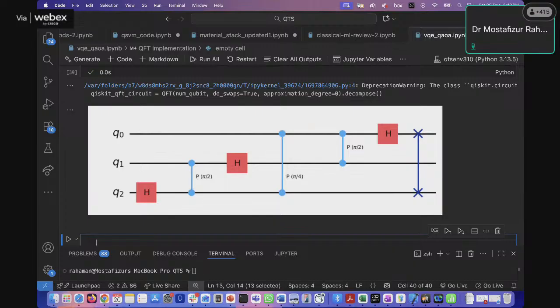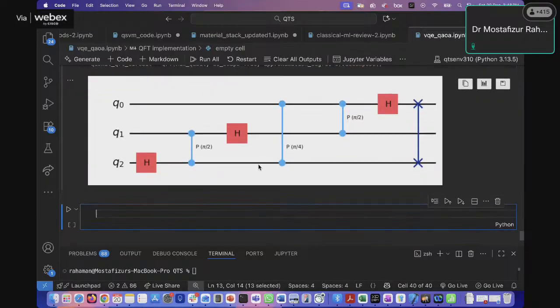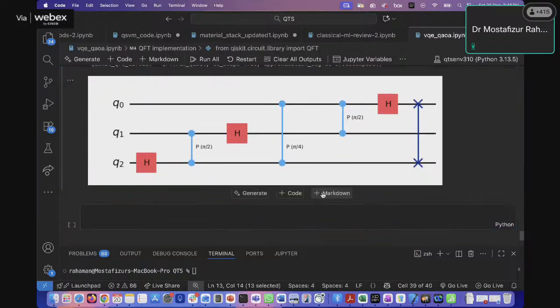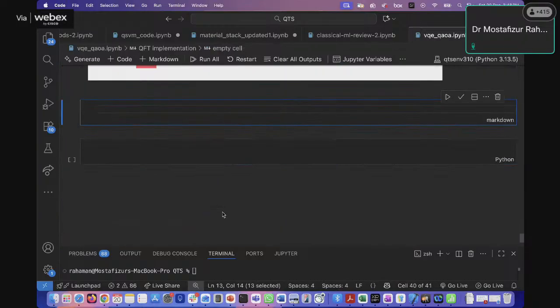Now let's do a real application of this quantum Fourier transform. Suppose we identify the frequency component of a sinusoidal signal using quantum Fourier transform.